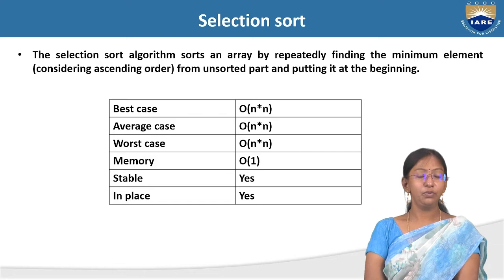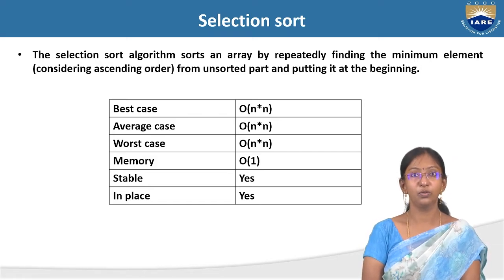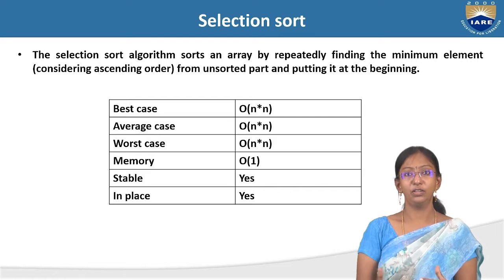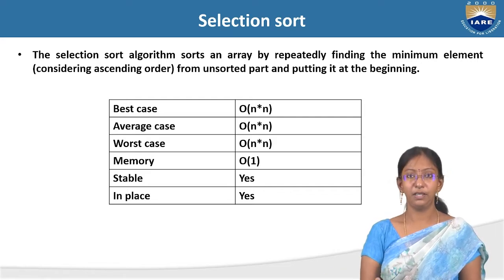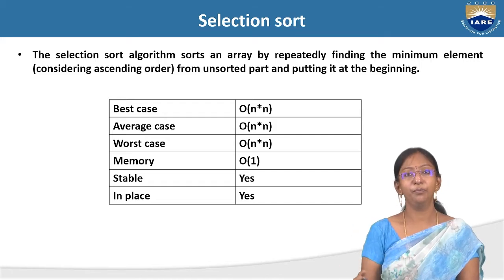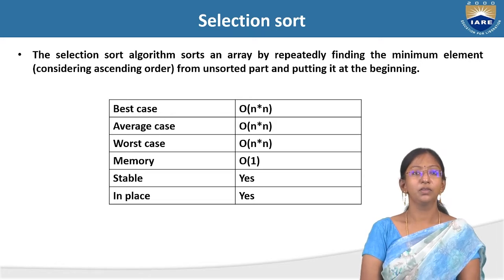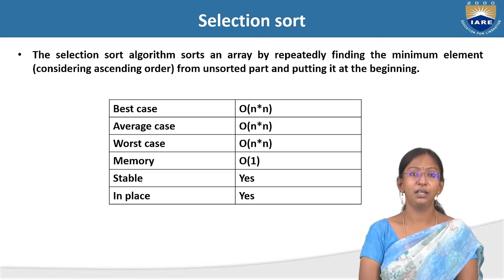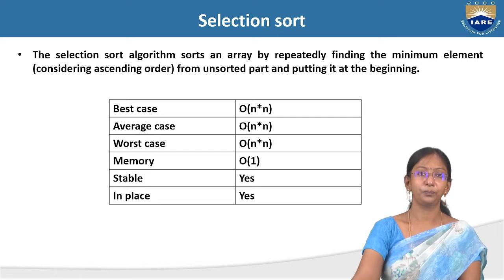Memory wise, it is very efficient because it does not use any extra space to store the data, and it is a stable, in-place one. Data will not be picked from the list or placed somewhere else. Data will be there in the list itself. It is a completely in-place sort.